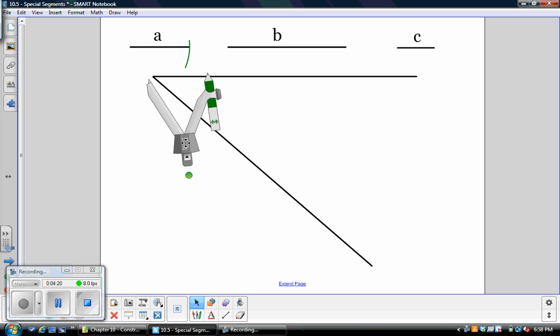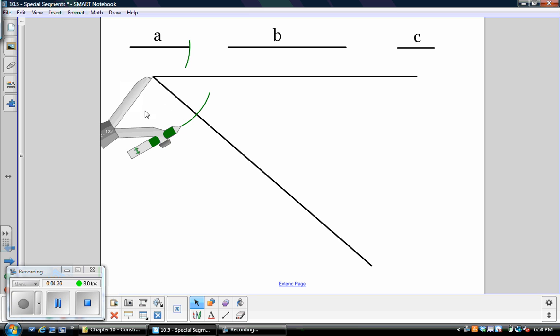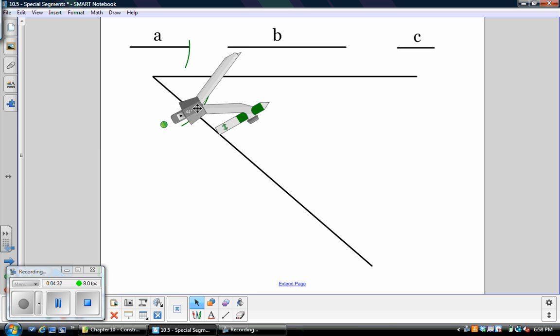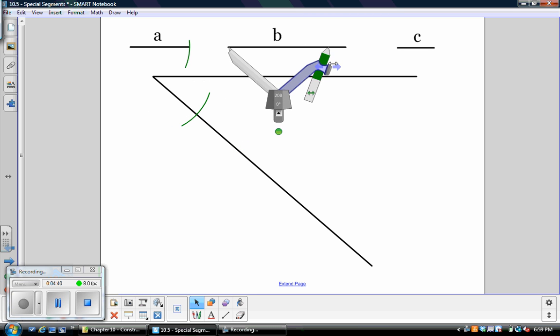Now take your compass. And that's A. Now take your compass and measure the length of B. I hope my compass is long enough. I think it should be. Ah, yes, it is. Just made it.